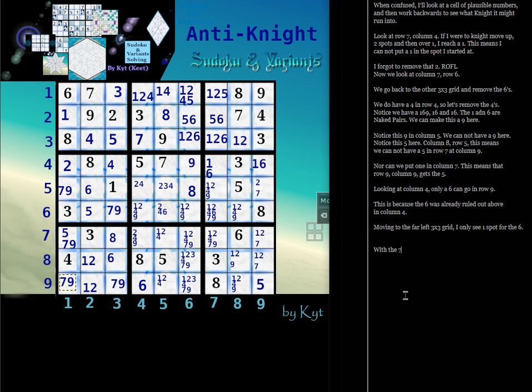Okay, with the 7, 9 naked pair, I can rule out the 7 and 9 in all other places in this row 9.